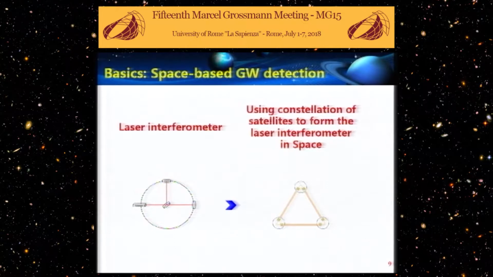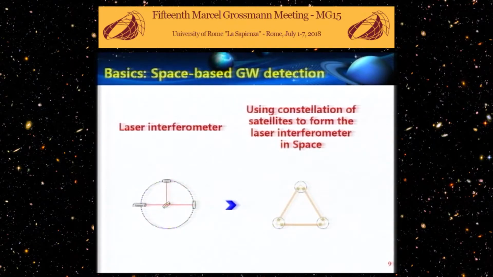The principle is almost the same for the space-based gravitational wave detector as for LIGO, the ground-based detector. So here is the laser interferometer, and this triangle is an equilateral triangle.